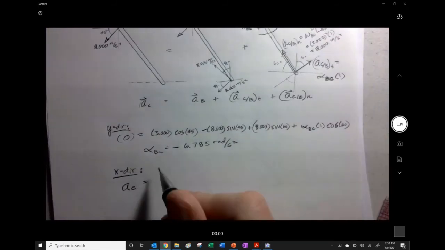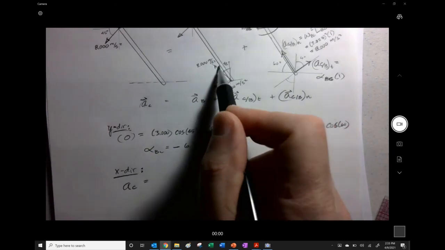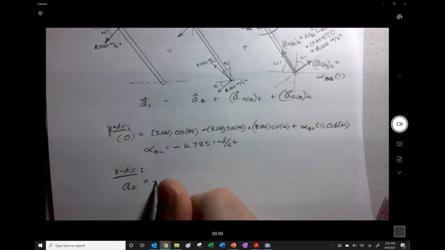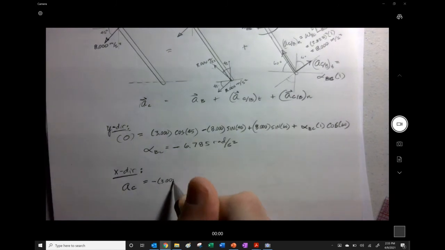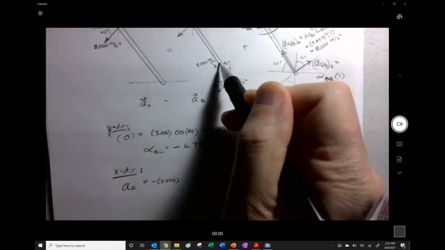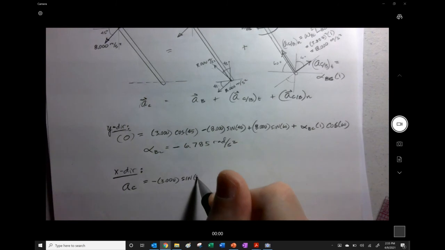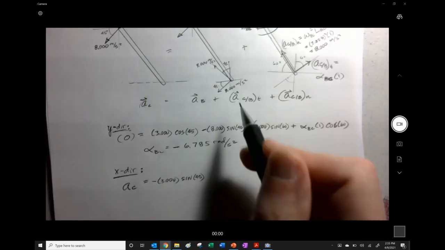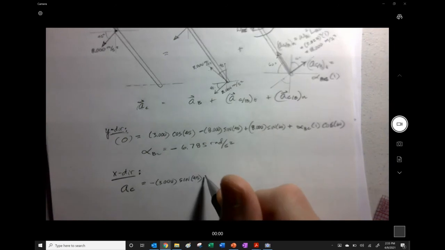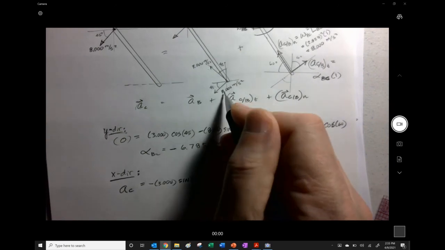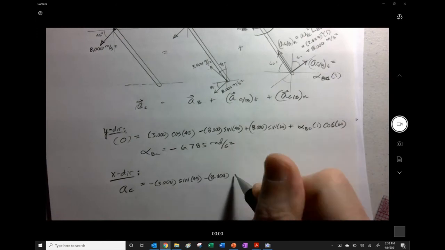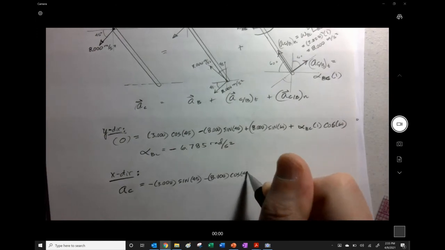And once again, I take this, and these are both negative. So I have a negative 3 times, and this is going to be the sine of 45. And I know it doesn't matter because it's 45 degrees, but it's good to try to make sure that we keep that in mind in case we have problems where they're not. And then we have the negative 8 times the cosine of 45.